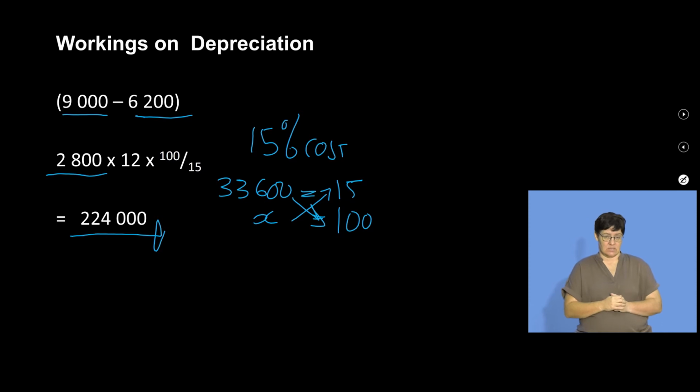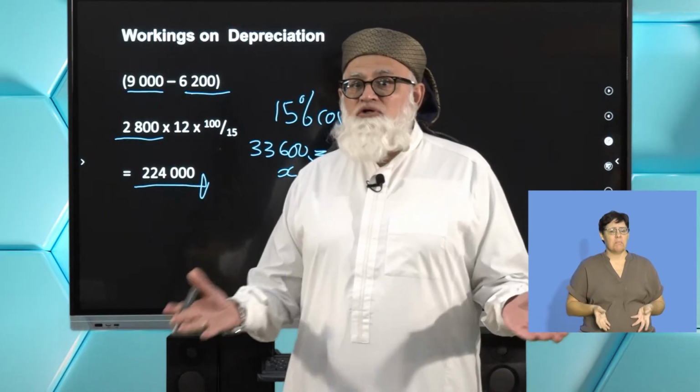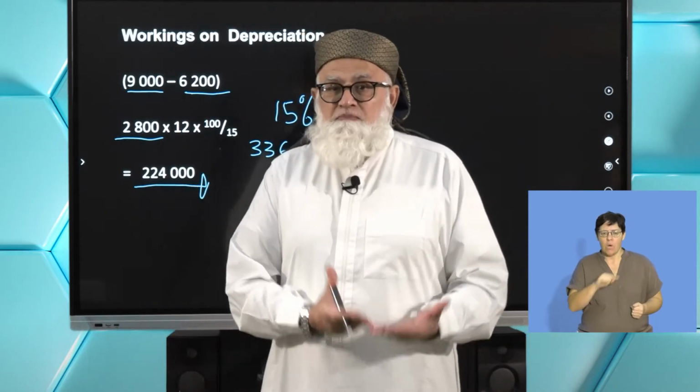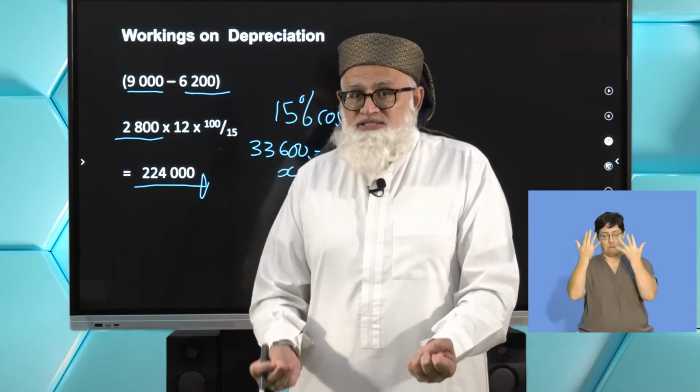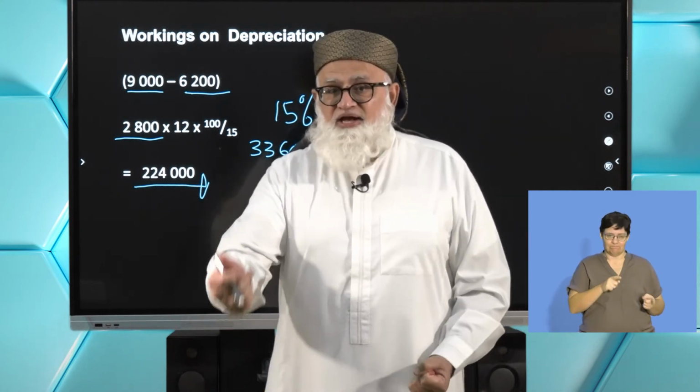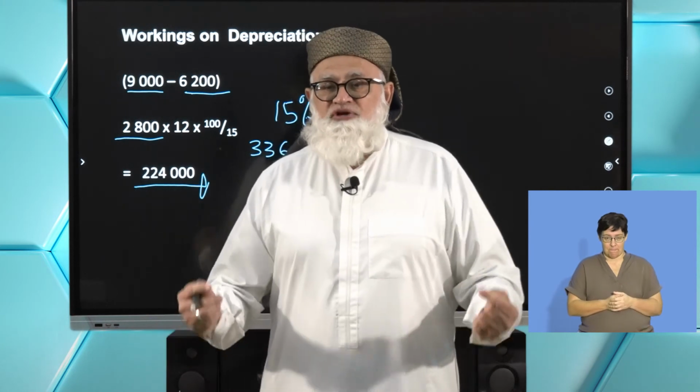The 224,000 will be the value of the new asset that was purchased, or the new vehicle that was purchased in September. And how did we come about finding out this? Because the depreciation figures that we budgeted for and what it actually was were two different figures.